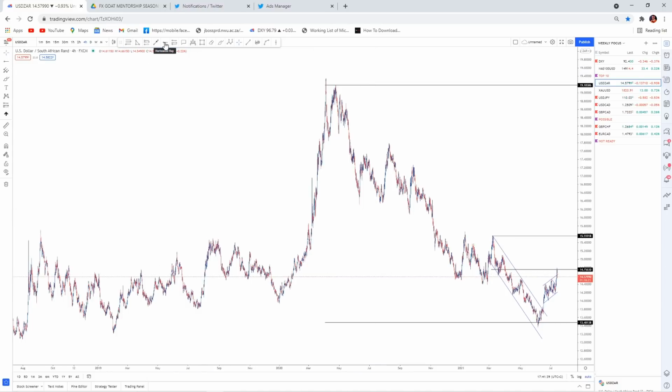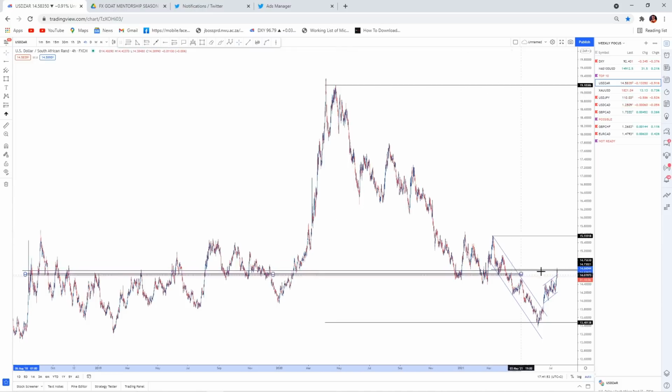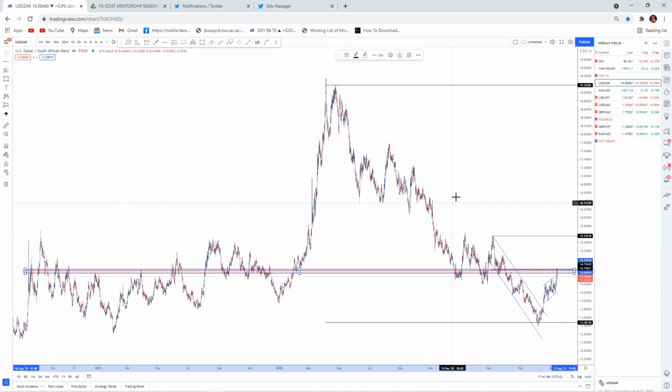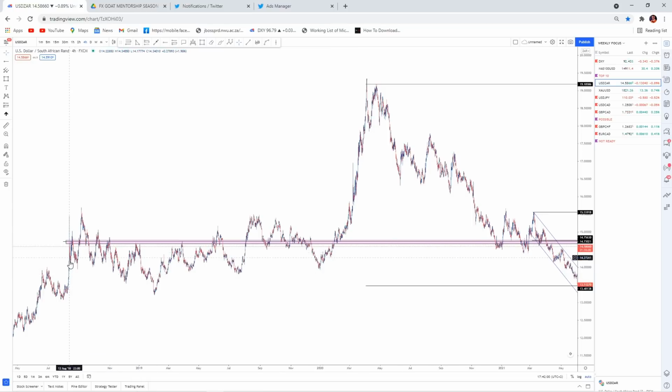If we look at this area over here, it makes sense, because the market turned exactly where this zone is. This is a very, very sensitive area. All the time the market reaches this level, it always kind of plays around or fools around. When the prices were below the zone, it was a resistance.